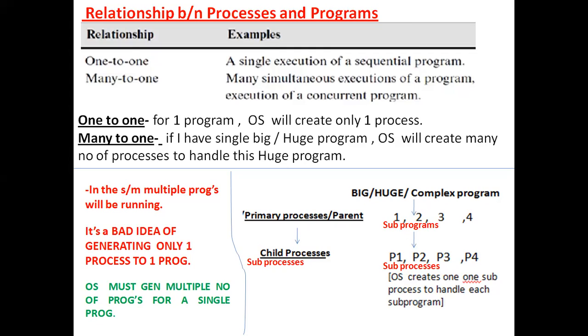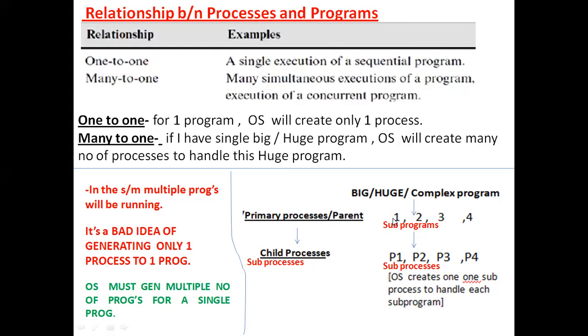So for that, I'll divide this huge complex program into so many subprograms. This subdivision of the main program into many subprograms is called the primary processes or the parent processes.